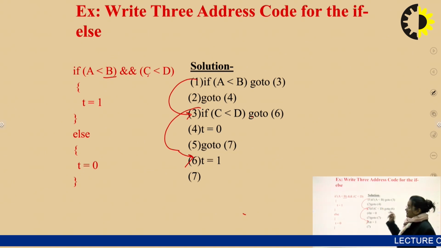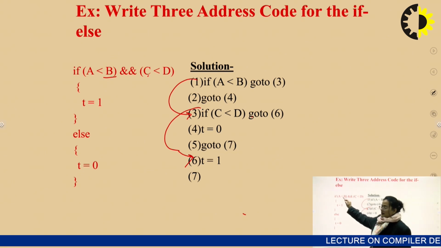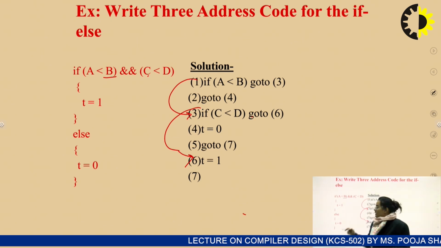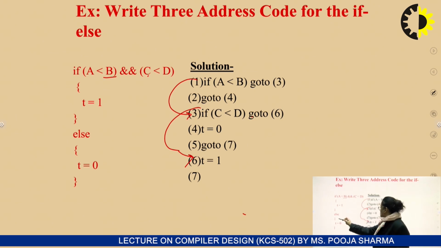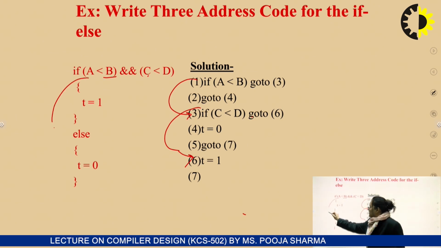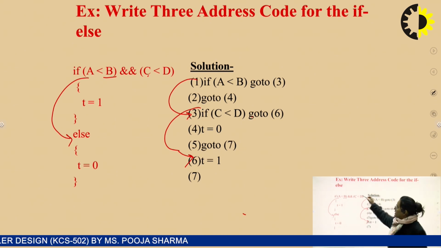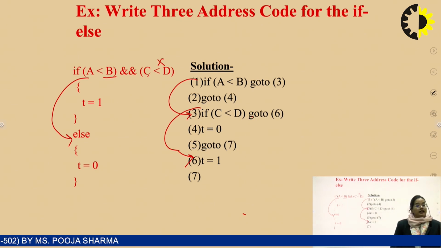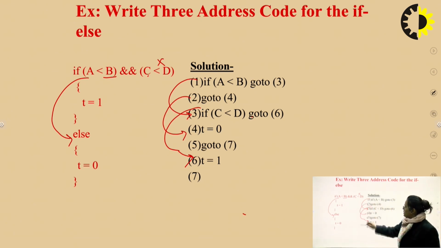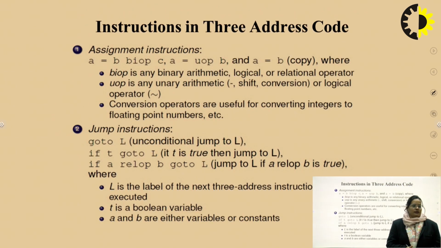And otherwise, if this condition is false, a is not less than b, then we directly go to this statement. We do not need to check that condition in that case. Go to 4. It means t = 0. And then go to 7. Then we exit the if-else statement.